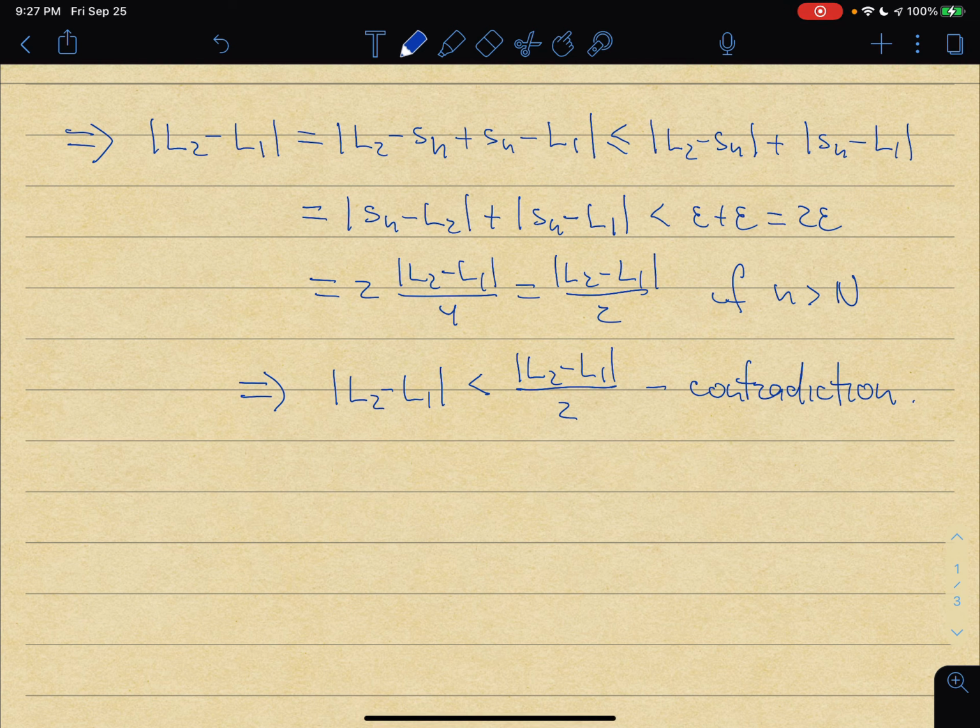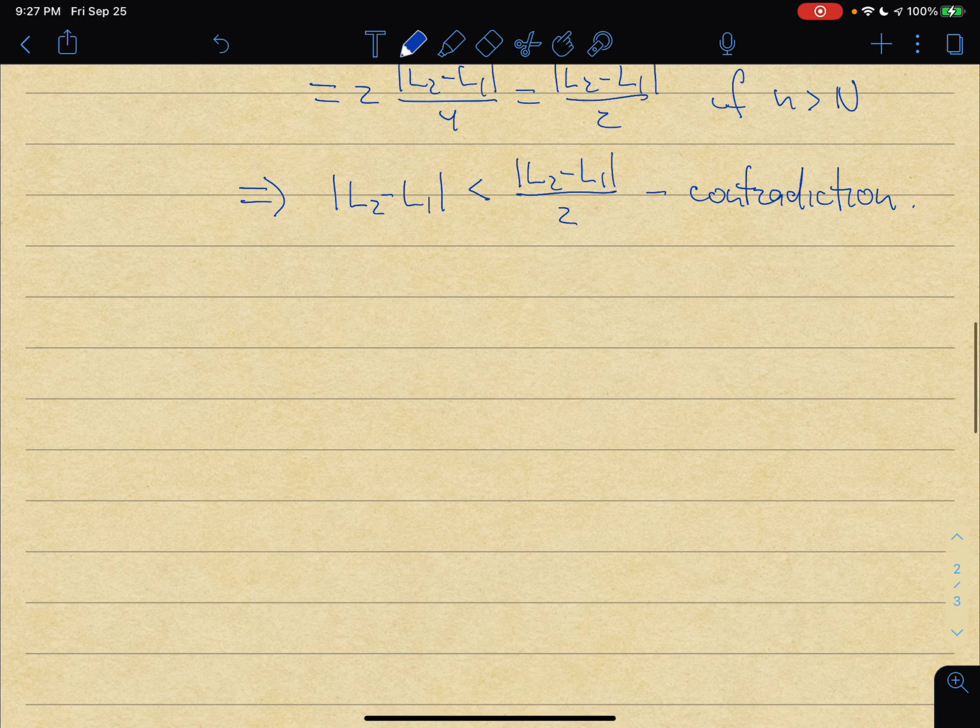And so therefore our assumption that L2 and L1 were distinct is false. L2 must be equal to L1, and the limit is unique.